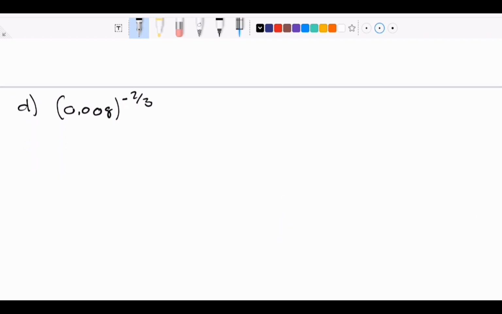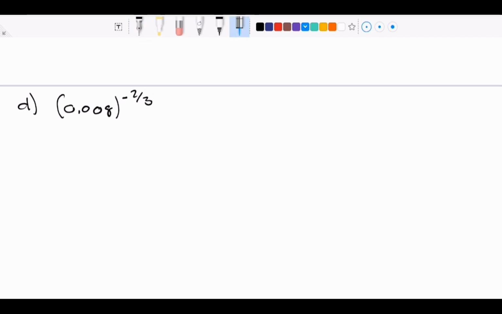Okay, so in this question over here, we have 0,008. All right, so I know that 0,008 is equivalent to 1 over 125, all that raised to the power negative 2 over 3. All right, so what I can do now in the next step is to turn the big number.